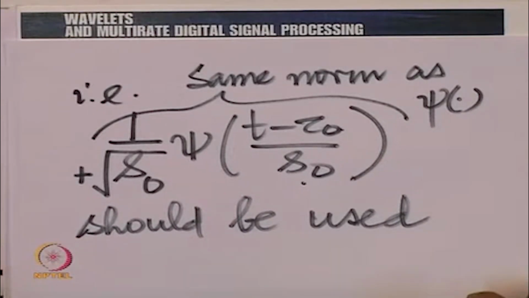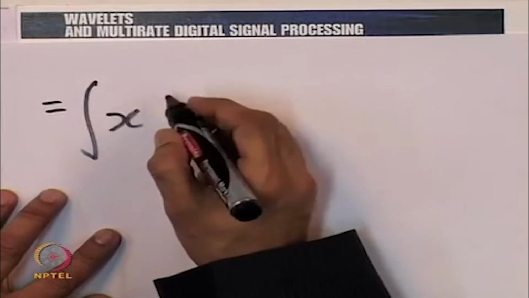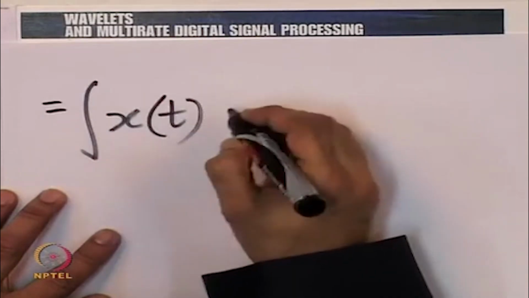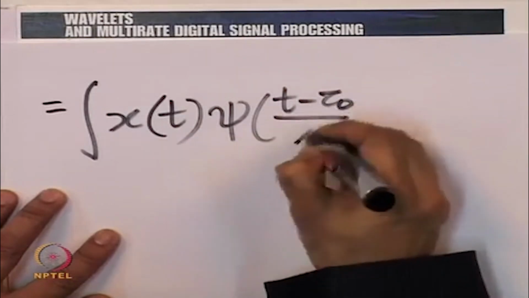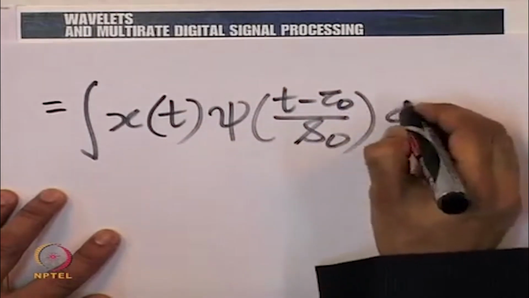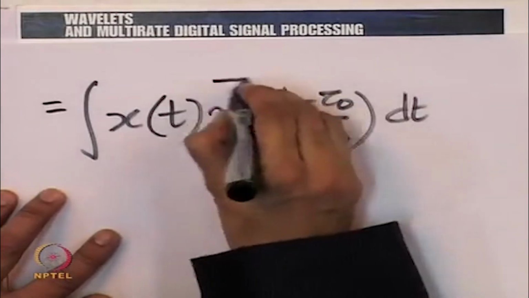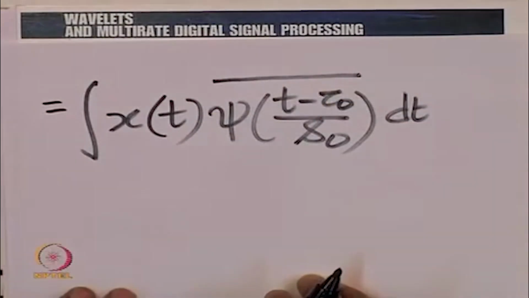Anyway, so let us construct this dot product. The dot product becomes the integral of x t psi of (t minus tau 0) by S 0 dt with a complex conjugate on this.